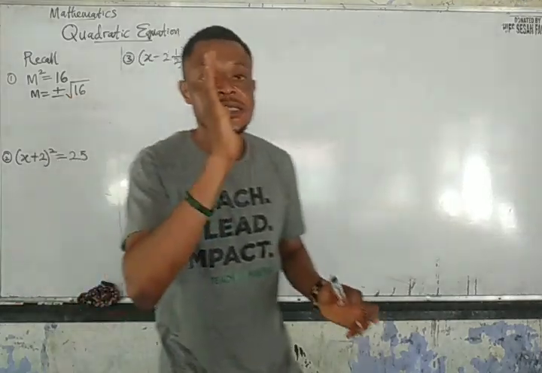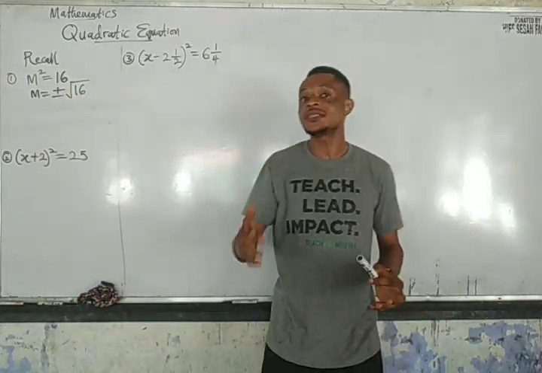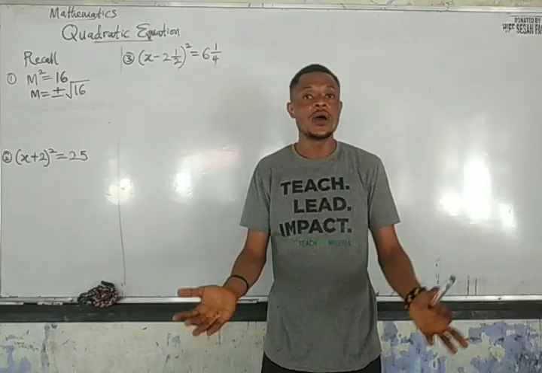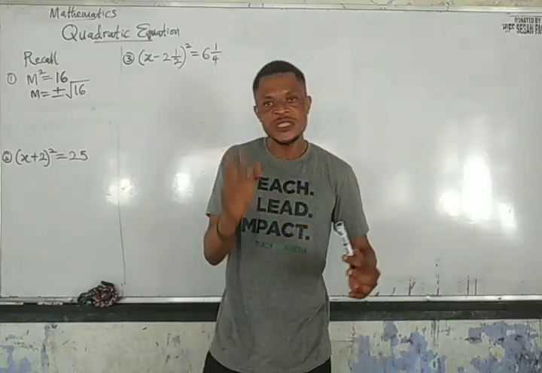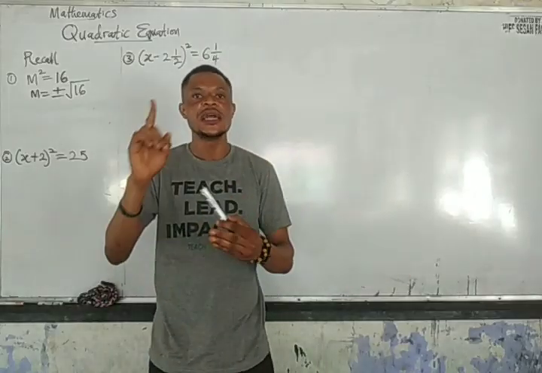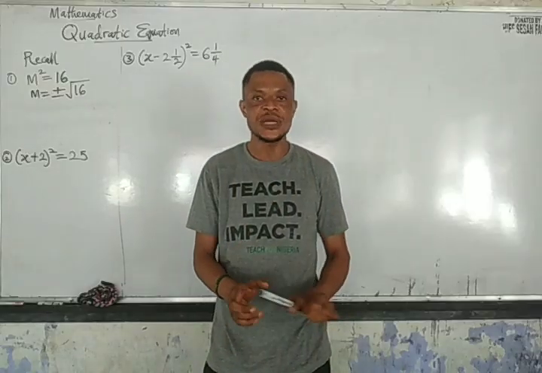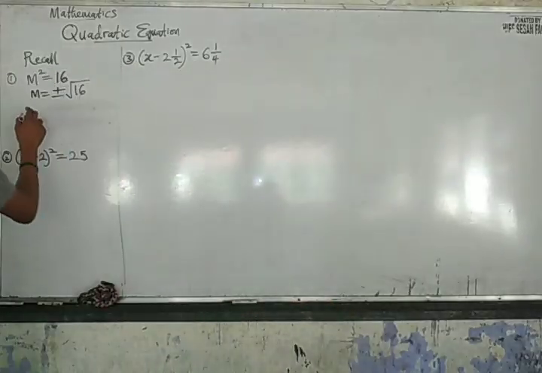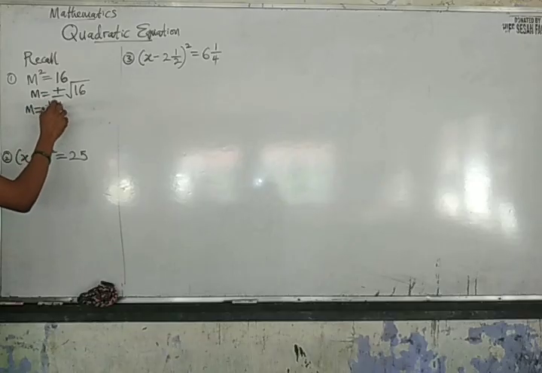It implies that, of course, the square root of 16 is 4. But I can equally say the square root of 16 is minus 4. It's not out of place to say it is minus 4, because minus 4 multiplied by minus 4 will give me 16, because minus multiplied by minus is plus. And 4 multiplied by 4 will give me 16 at the same time.